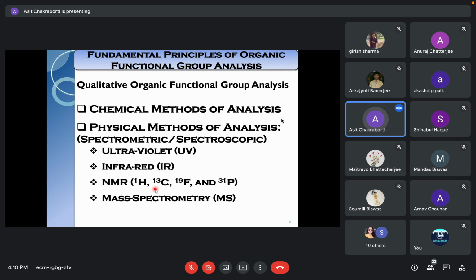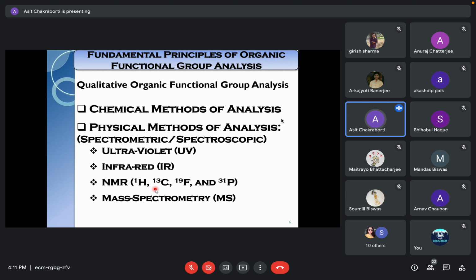Now if you lower the temperature, then at around minus 17 degrees centigrade the single peak has a tendency to break, and slowly you can reach a completely baseline-resolved spectrum, maybe at minus 80 or minus 70 degrees centigrade. Now you are taking an NMR of the same molecule, but it is showing two signals, meaning there are distinctly two sets of protons.